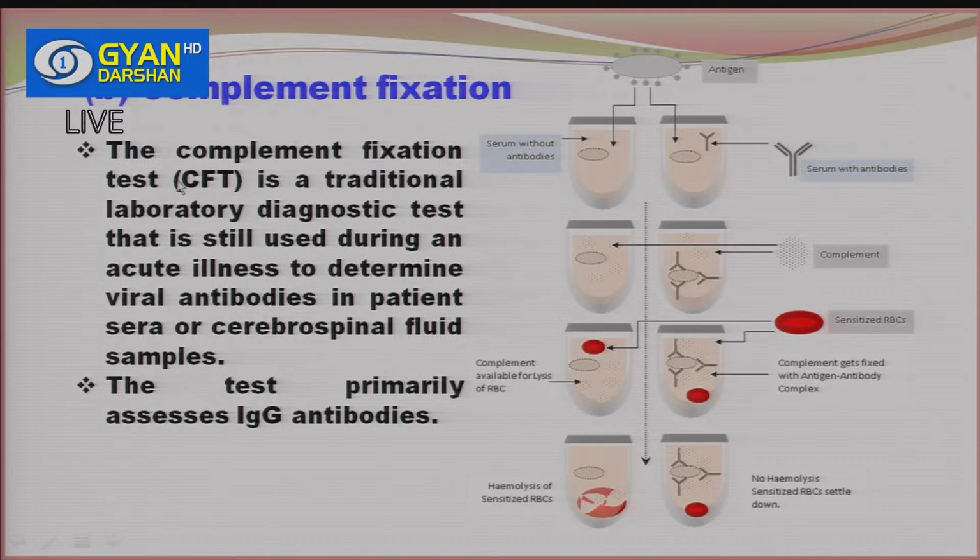The complement fixation is a traditional laboratory diagnostic test that is still used during acute illness to determine the viral antibody in the patient's sera or cerebrospinal fluid sample. The test primarily assesses the IgG antibody. You can see here are the antigens. It is a serum without antibodies. Here is the serum with the antibodies.